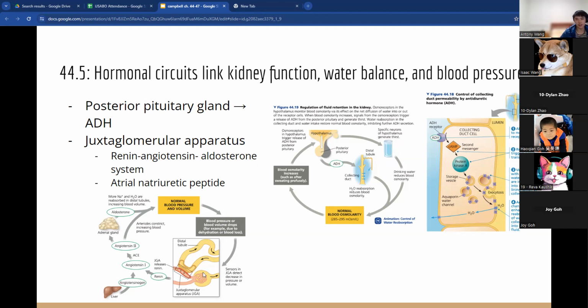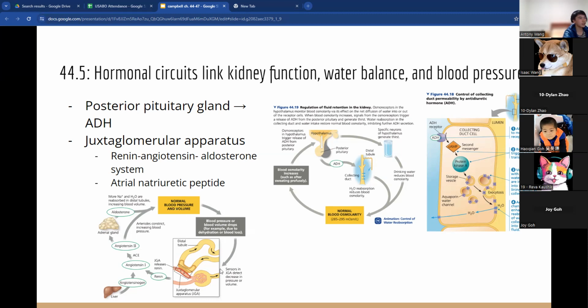Angiotensin 1 goes to the lungs and becomes angiotensin 2, right? And then angiotensin 2 goes back to the adrenals and causes the adrenals to produce aldosterone. Aldosterone will cause more sodium and water to be reabsorbed, and that will bring up the blood pressure and volume.